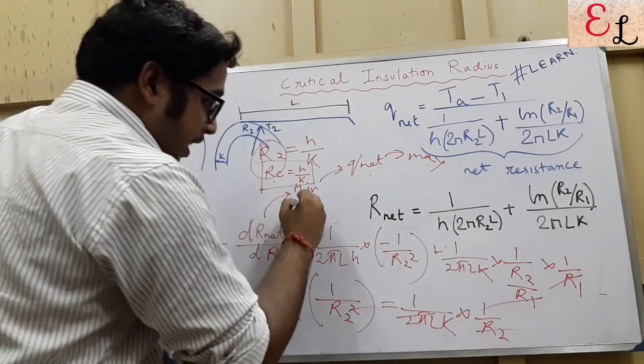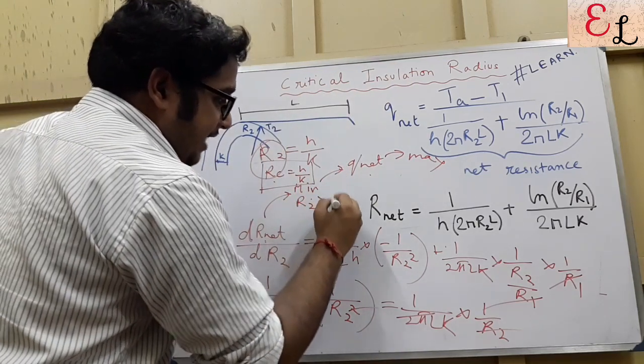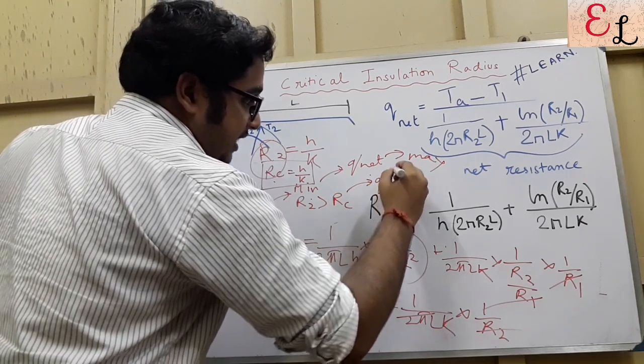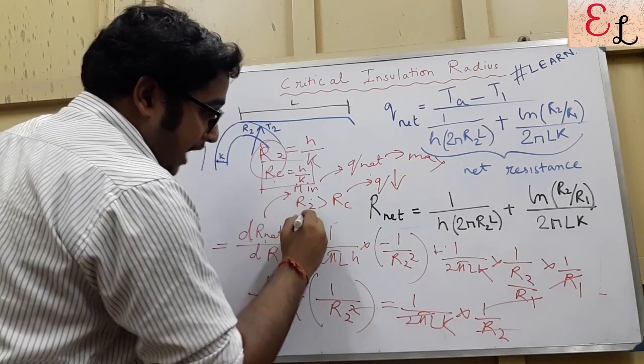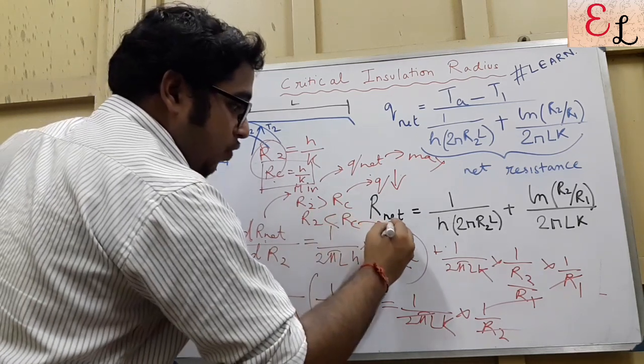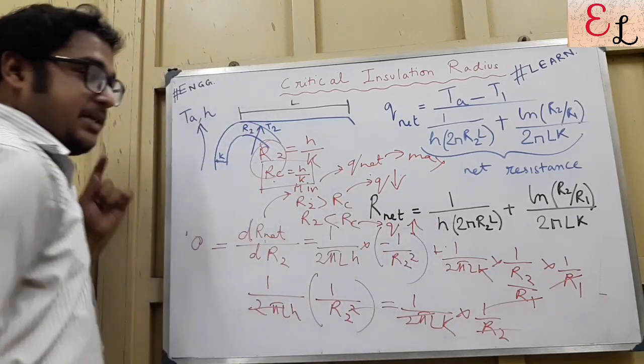If we keep our R2 greater than RC, then Q will be decreasing. For R2 less than RC, with increase in R2, Q will actually increase.